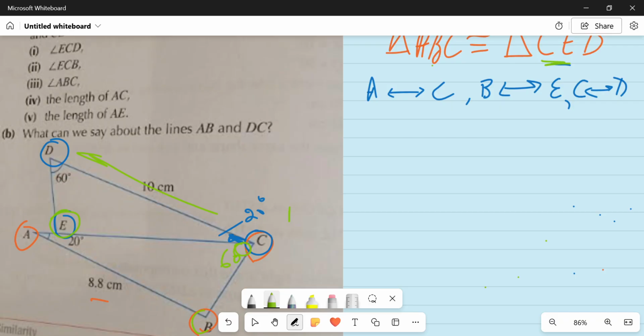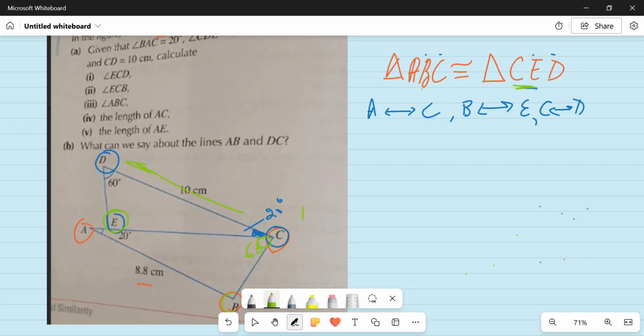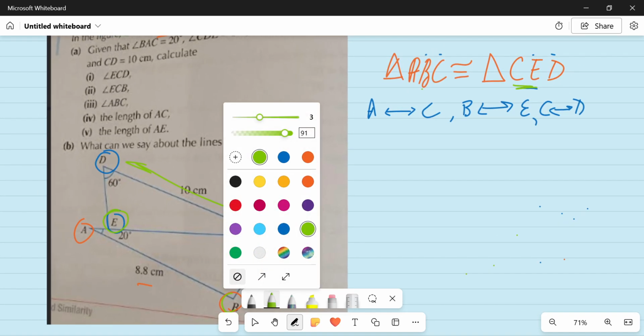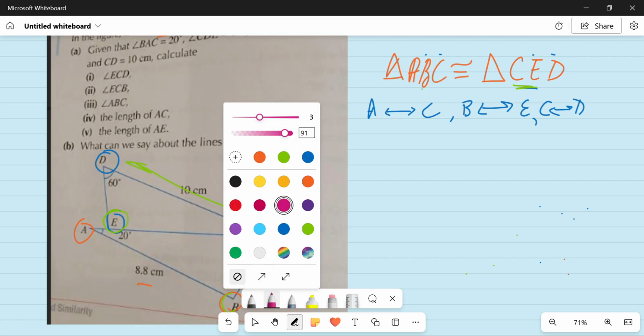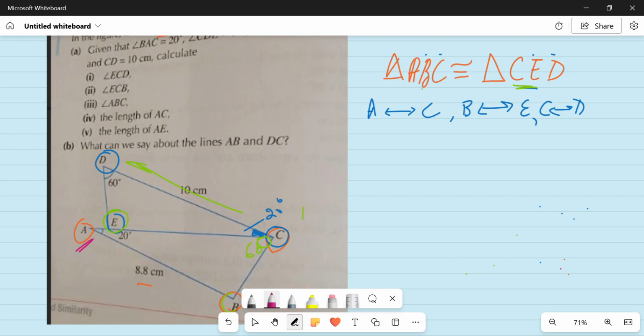Now the third one says angle ABC. Where is angle ABC? When we check the name, it's written ABC, and B is the center one.